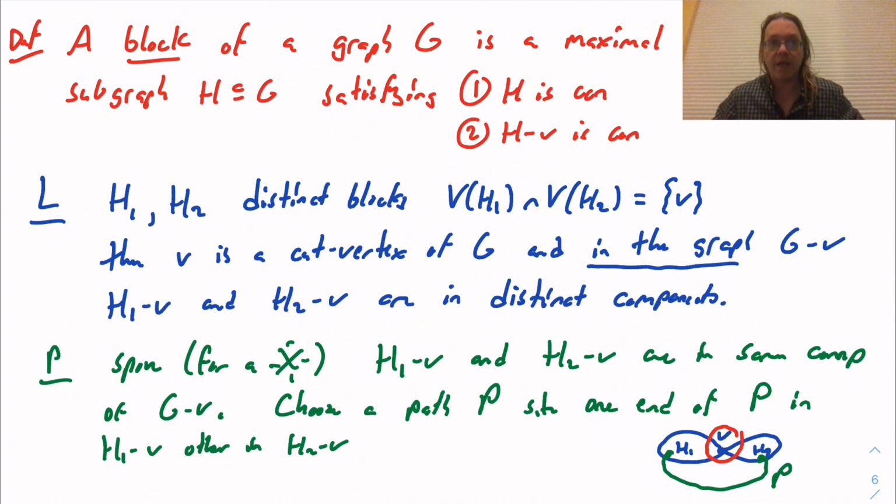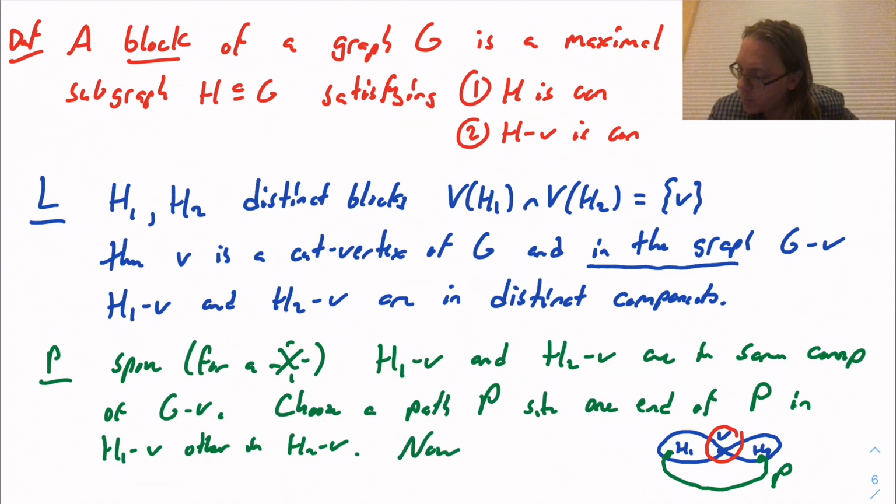H1 is supposed to be a maximal subgraph of G that is connected and remains connected upon deleting any vertex. So we supposed for a contradiction, and we chose a path such that one end of P is there, one end is there.